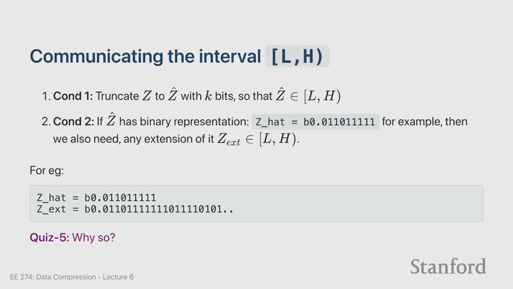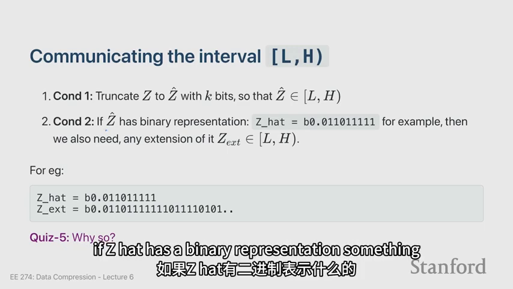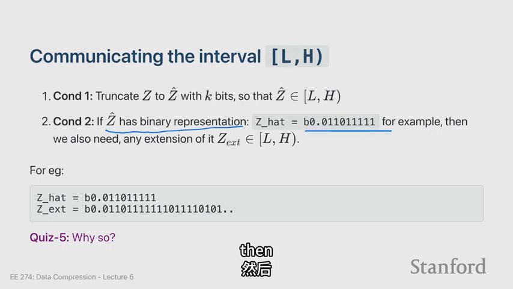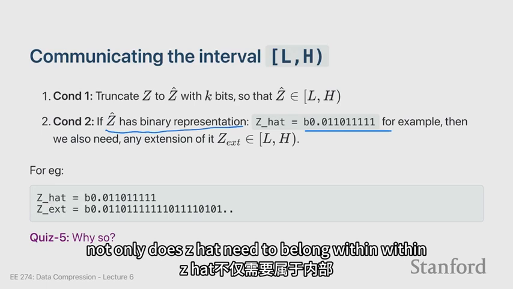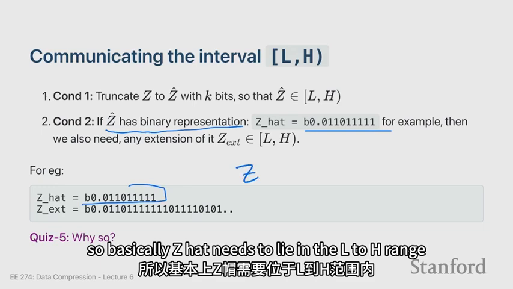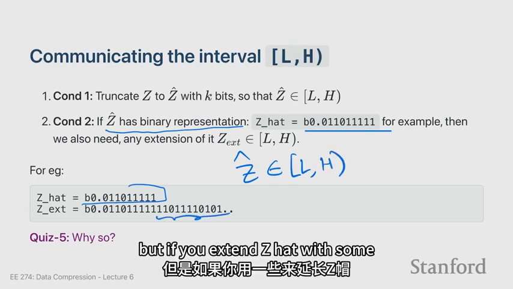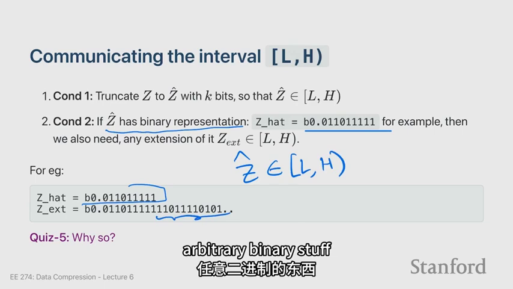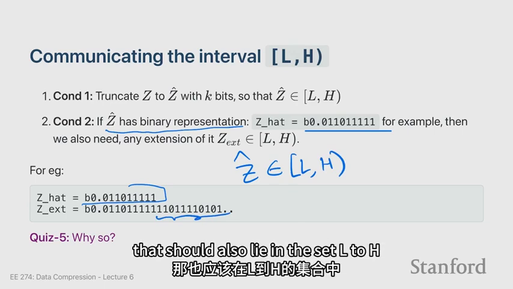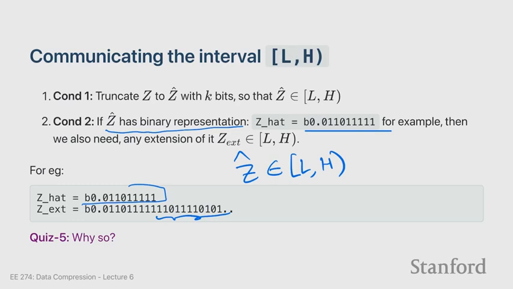Z hat needs to lie in the L to H range, but if you extend Z hat with some arbitrary binary stuff, that should also lie in the set L to H, right?